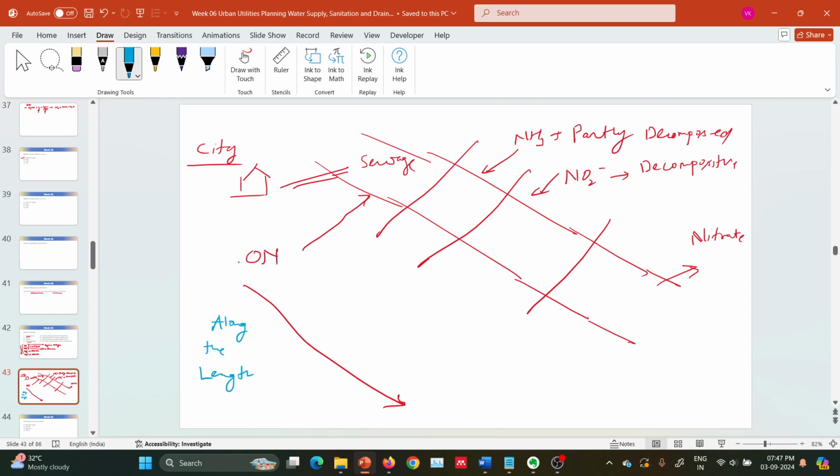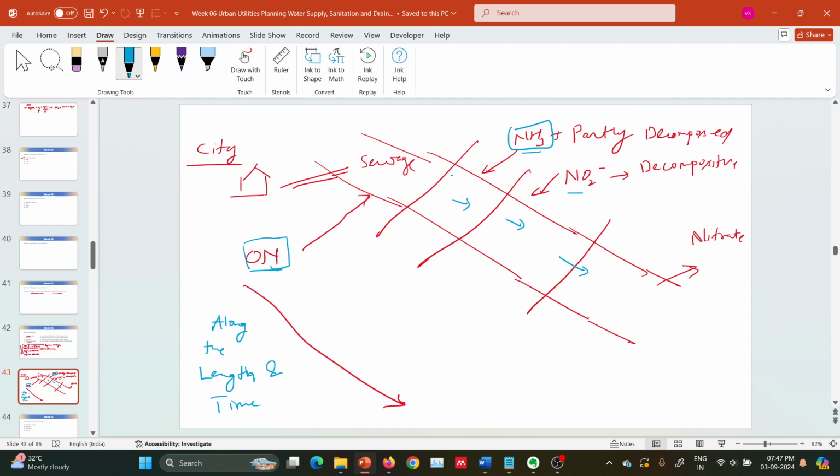You may find organic nitrogen and ammonia at the same place. These two things you can find nearby. But if the water flows, it will be oxidized to nitrite, and then further as it flows, with respect to time and along the length.